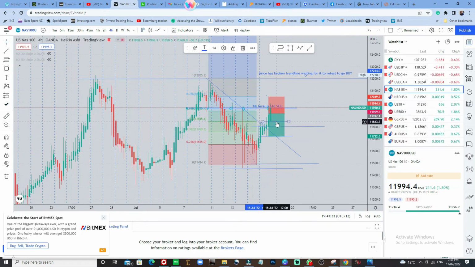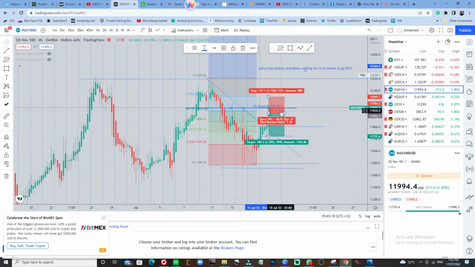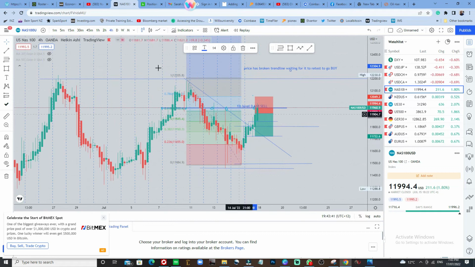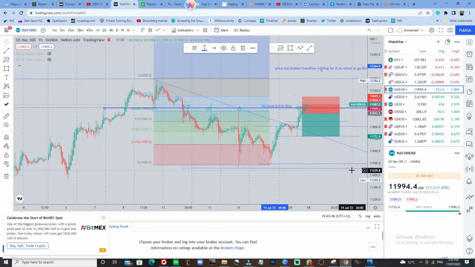Now what I did was to enter a sell here. This is what I wrote before, but I changed my mind because I stepped to a 1 hour time frame, and look at what I observed.